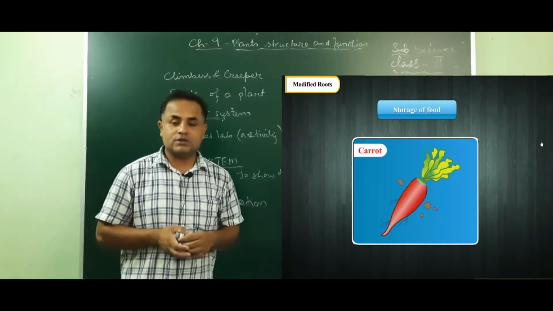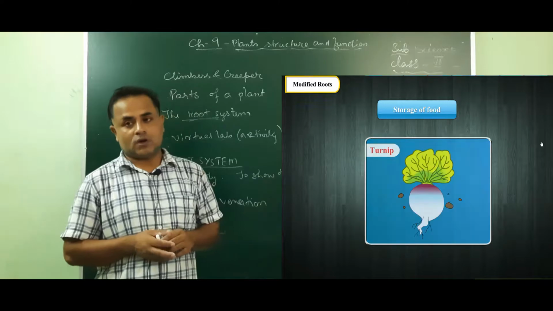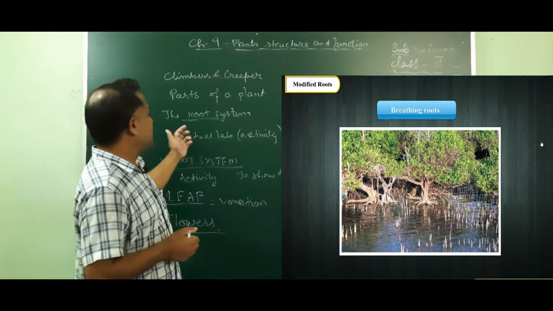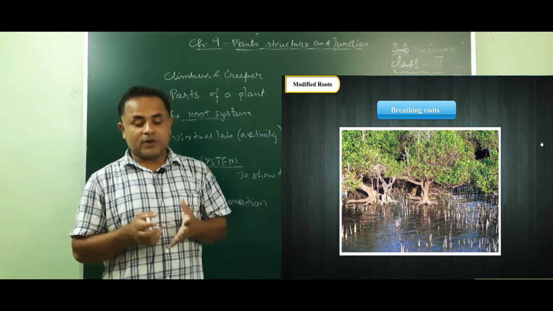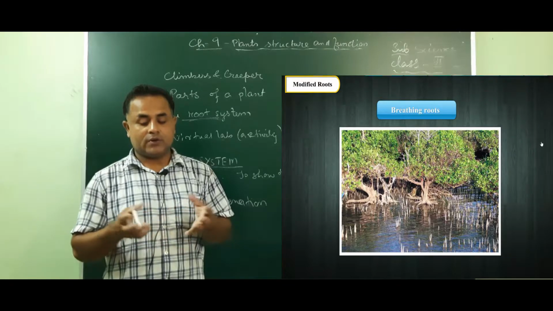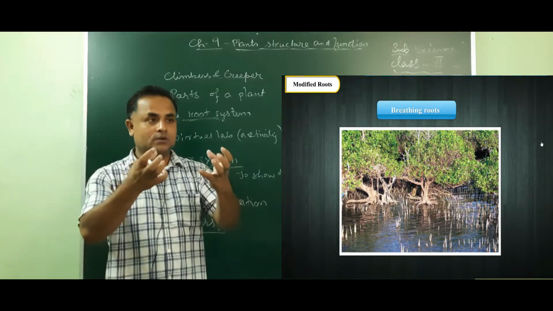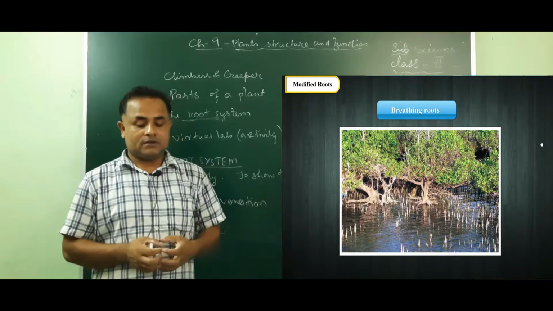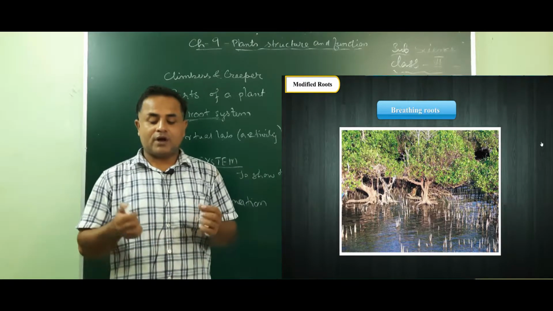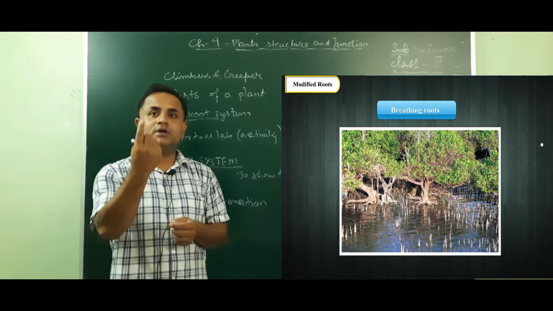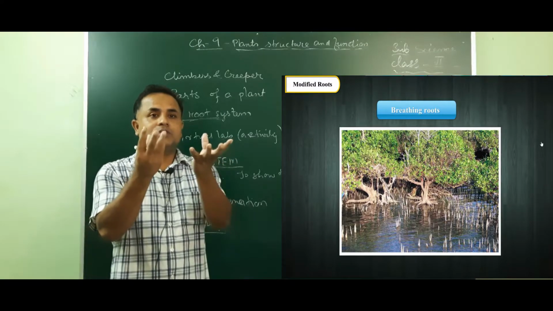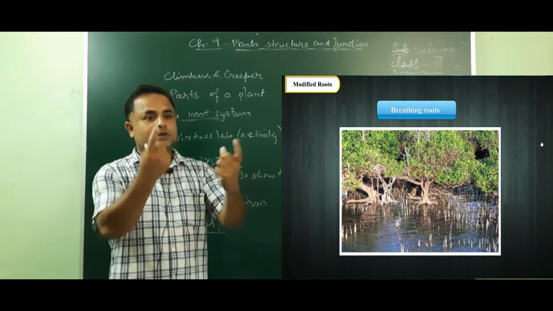These storage roots are fleshy and swollen. Next is breathing. Some plants grow in a swamp area where there is water and the soil is very soft and marshy. They have branch roots which point a little bit upward above the soil.